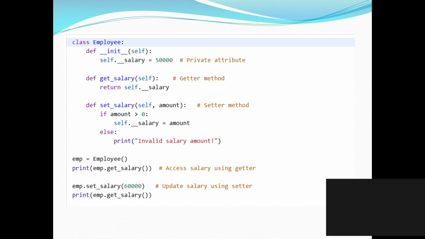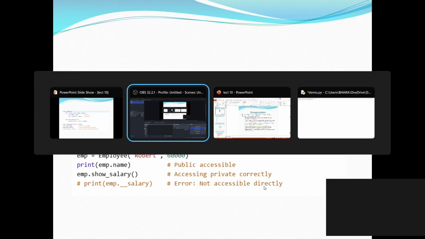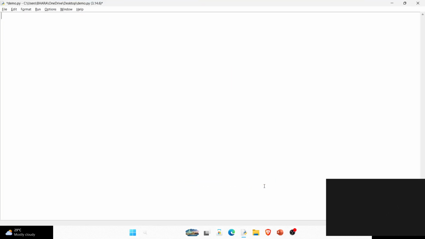So let's see how we can do it properly. Here is a Python code which I'll be making to create a class called Student, where I'll be having def __init__(self, name, registration number, as well as marks, or maybe CGPA).